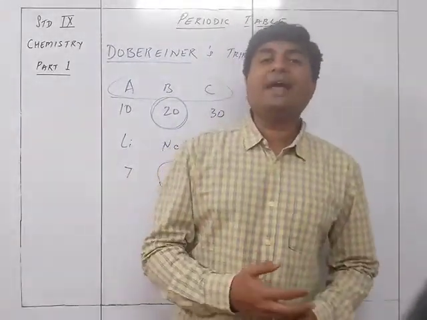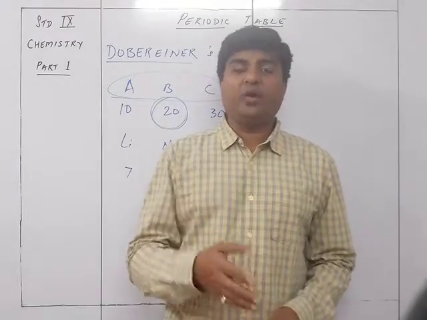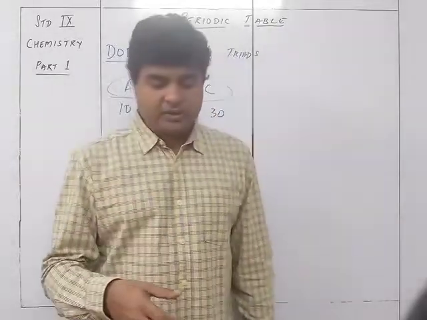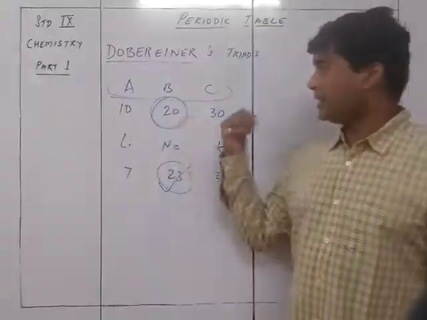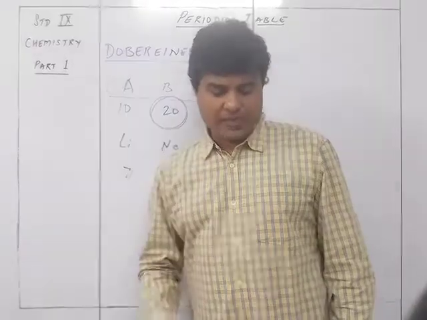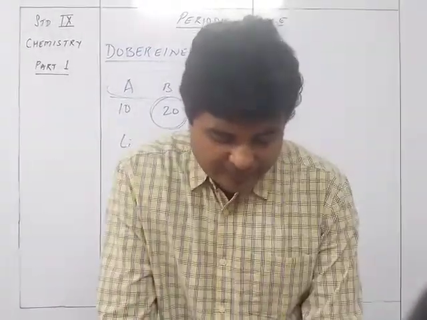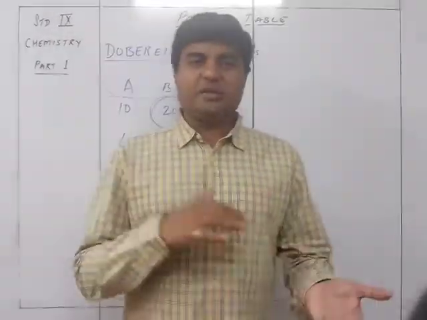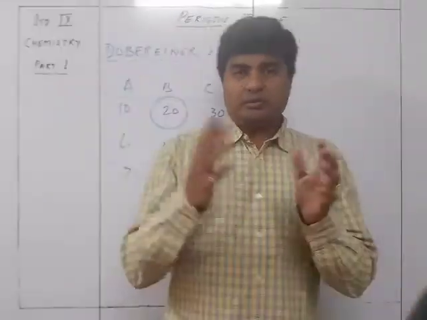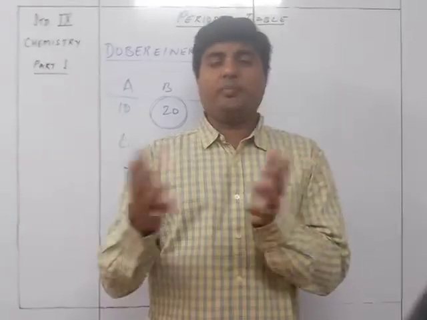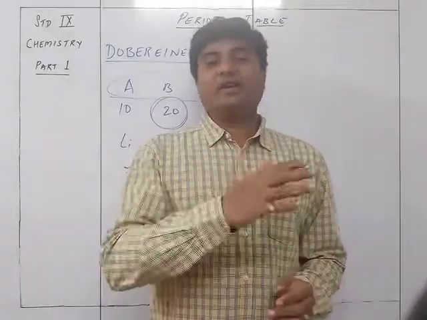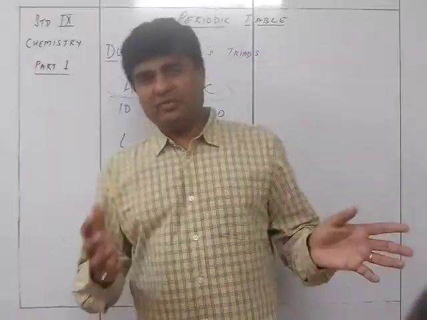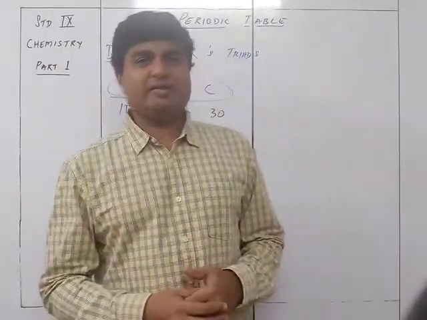Only certain groups obeyed this method. So the properties of elements grouped in triads were found not to be similar. Either the group's properties were not similar, or if similar, they did not form a triad. So easily you can see that Dobereiner's triads failed.